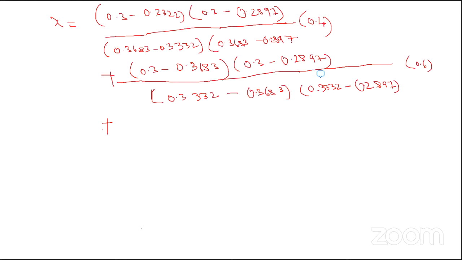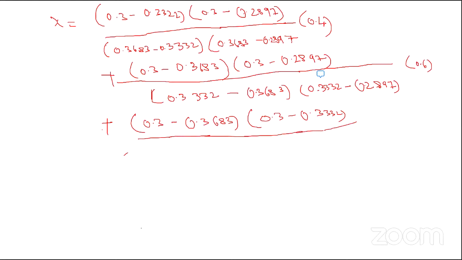Plus (0.3 minus 0.3683)(0.3 minus 0.3332) whole divided by. How did n equal to 2 come?